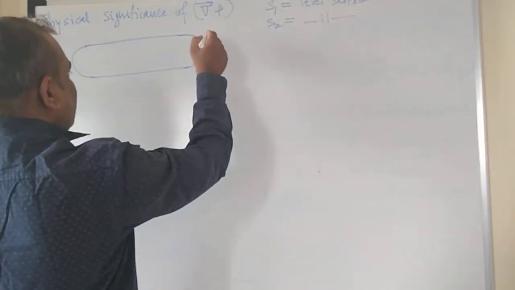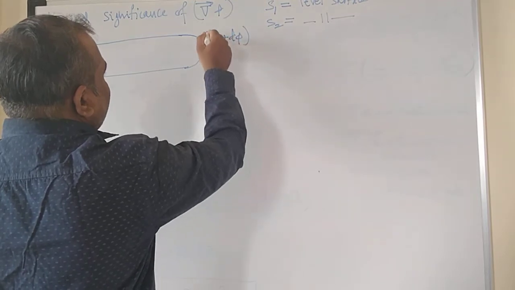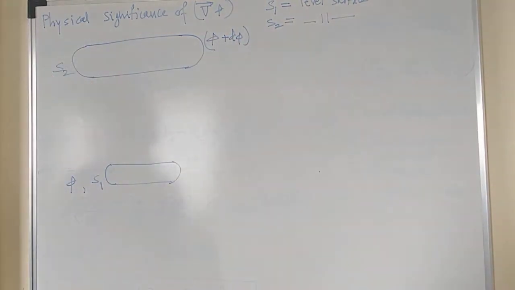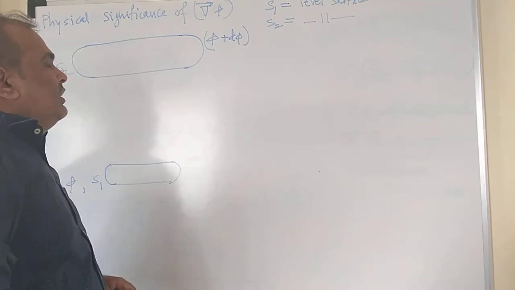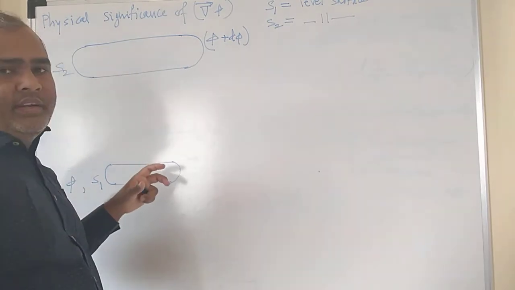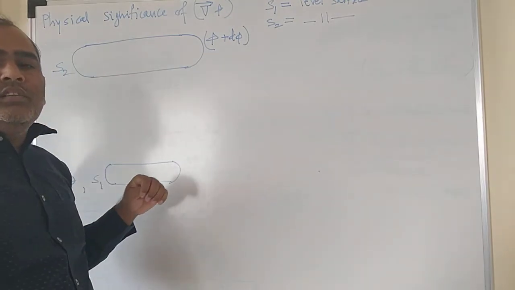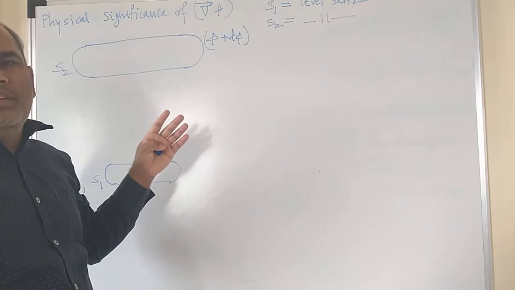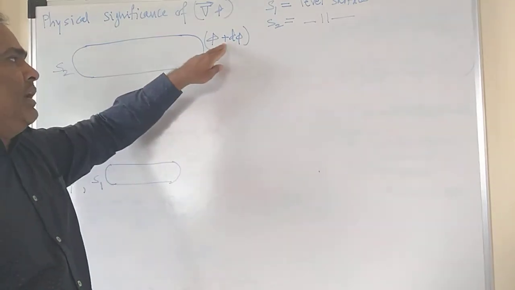Similarly, the scalar point function phi plus d phi represents the second level surface S2. Got it? Why phi plus d phi? Because there is a small infinitesimal change in level from S1 to S2, and therefore the scalar point function will be different for S1 and S2, and there will be a small rise in the scalar point function, and that's why I have considered phi plus d phi.